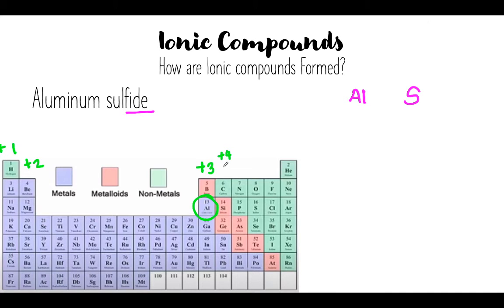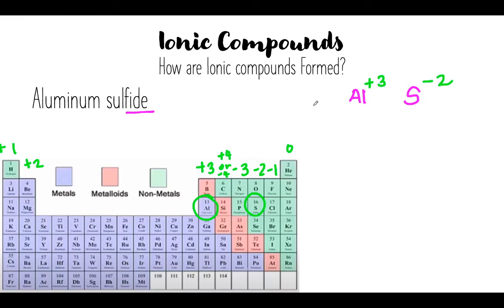This is +4 or -4, -3, -2, -1, 0. So aluminum, because it's in group 13, will have a charge of +3. So I'm just going to write that on the top right-hand corner of this. Sulfur is in group 16. It's going to have a charge of -2.